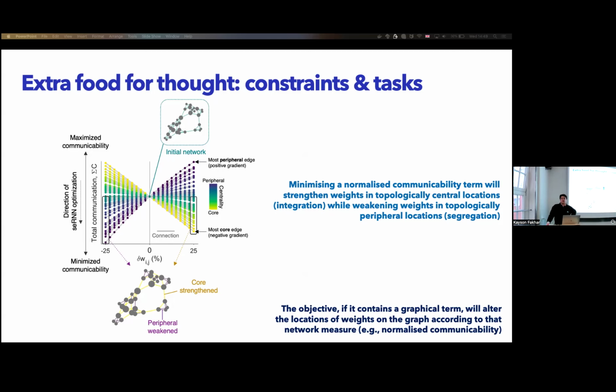Ultimately, what I'm trying to say here is that if you have any network and you're trying to minimize some quantity, and you're going down this landscape that you're trying to minimize, what will happen to the weights? You'll basically find that because your communicability is a function of the graph, it will take the graph into account, and whatever is central now will become stronger. That's what I'm saying.